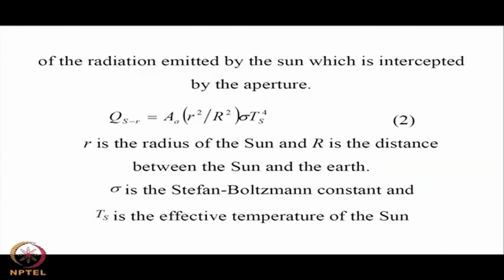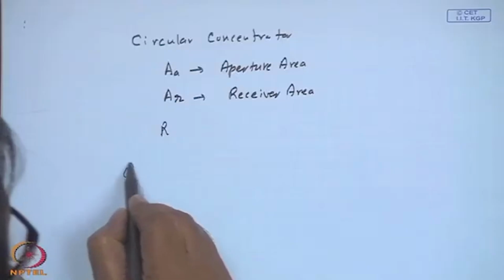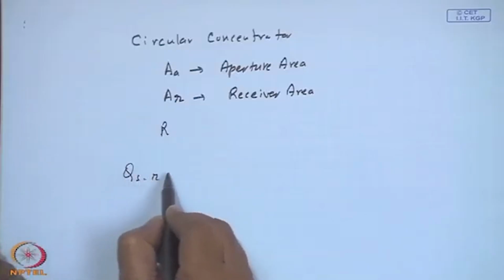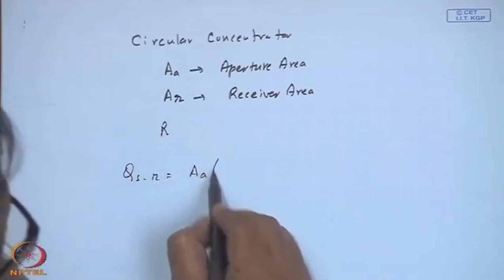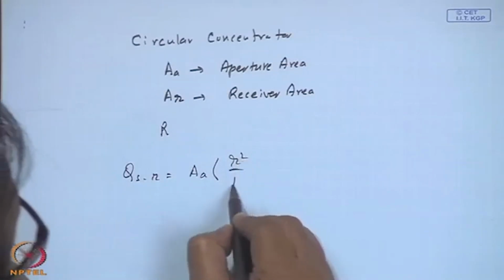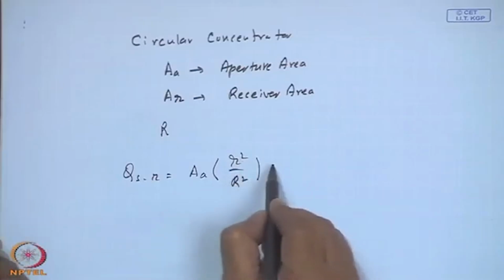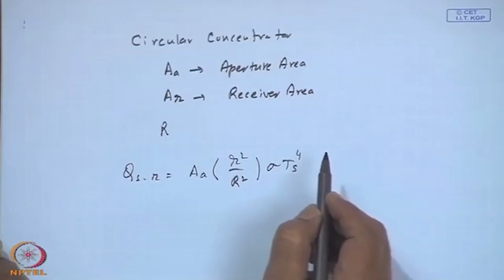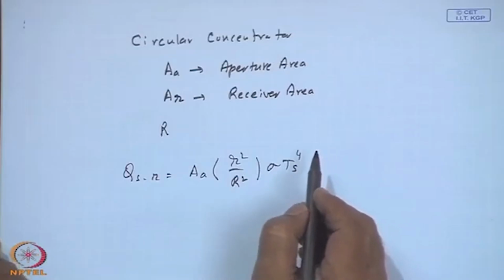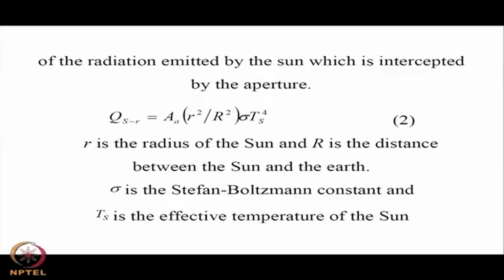So, solar radiation emitted by the sun received on the earth is Q_s = (r squared by R squared) A sigma T_s to the power 4, where sigma is the Stefan-Boltzmann constant, r is the radius of the sun, R is the distance between the sun and the earth, and T_s is the effective temperature of the sun.